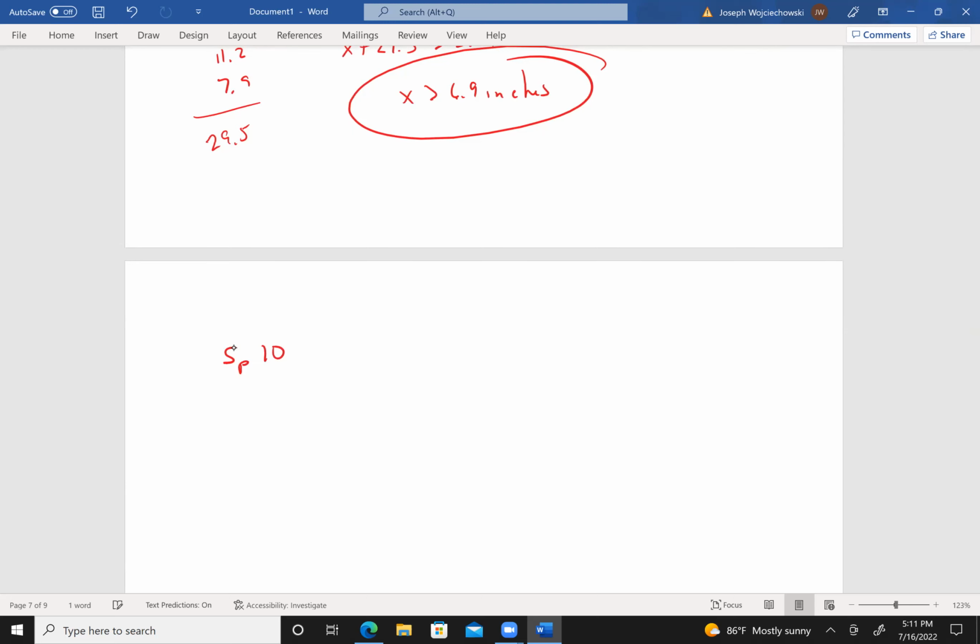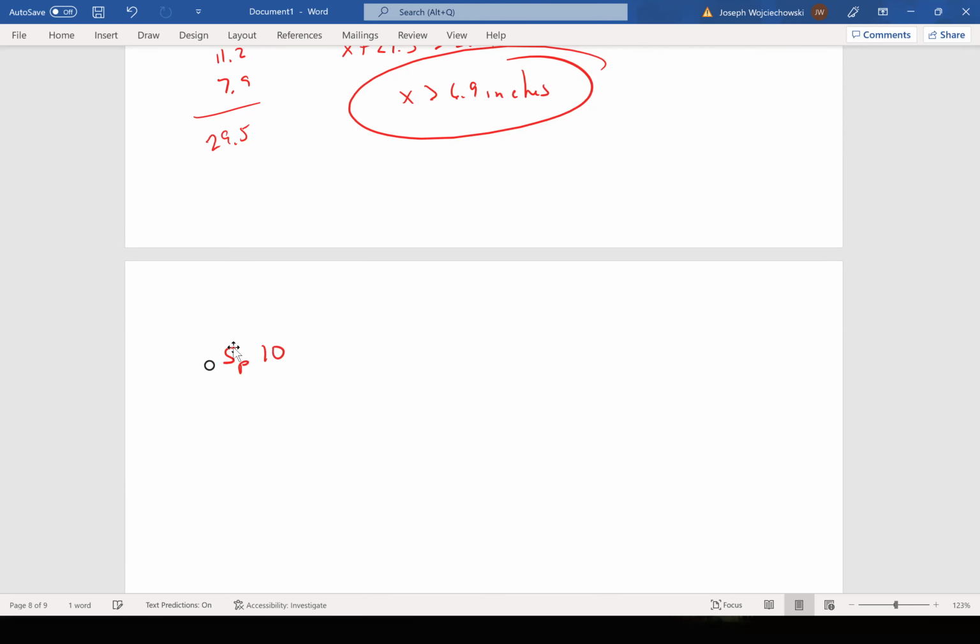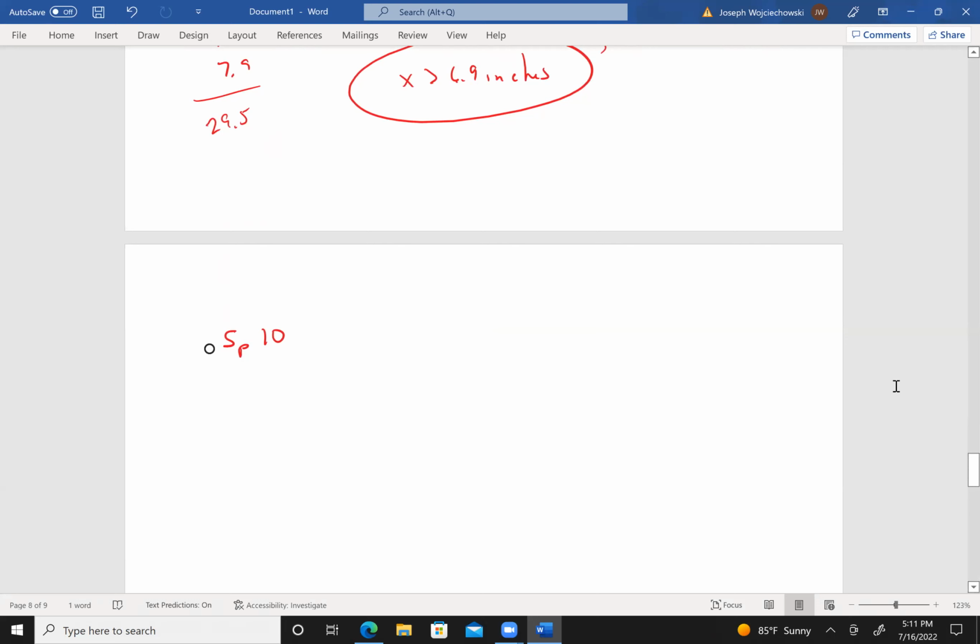Skill practice 10. Okay, so a board is to be cut the length of 24 inches. The measurement error is no more than 0.02 inches. Let x represent the actual length of the board.